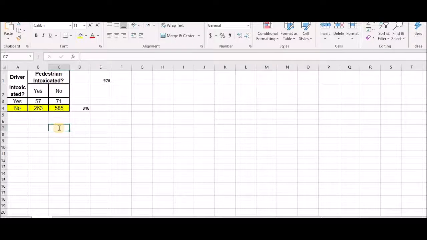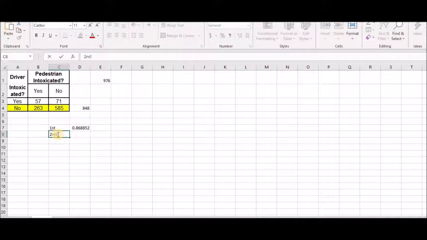The first one, the first choice: how many pedestrian deaths involved a driver that was not intoxicated? We just computed that, so that is this number, 848. Out of how many pedestrian deaths in total? Out of 976 in total. This was our first pick.